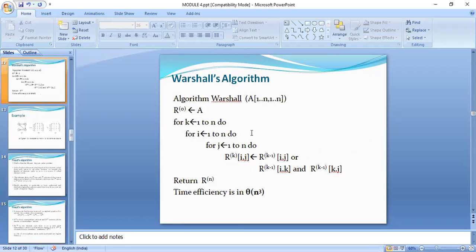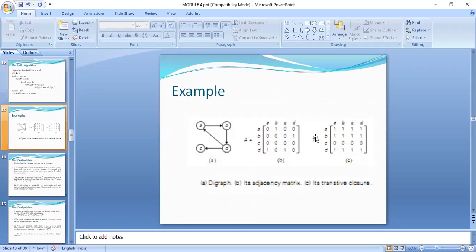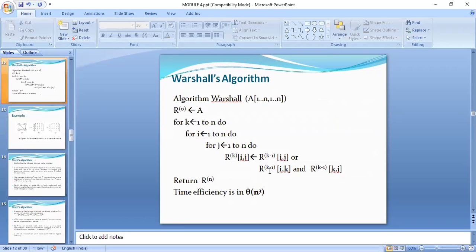So the algorithm used for both is almost similar, with 3 different loops, because for each one we have a set of rows and columns. So we are going with n different stages. If there are 4 vertices, we will be covering 4 stages.